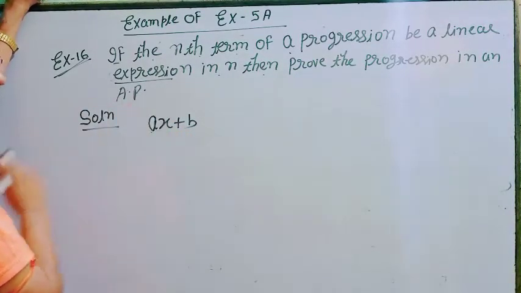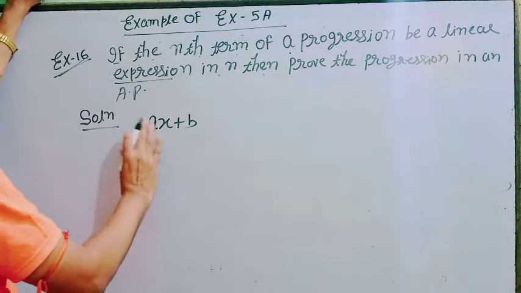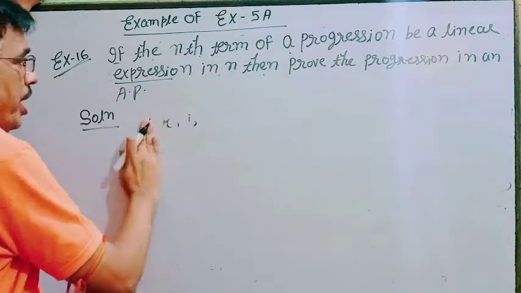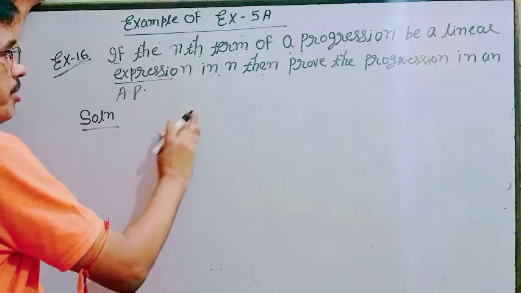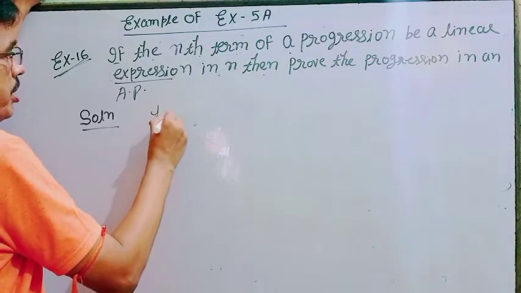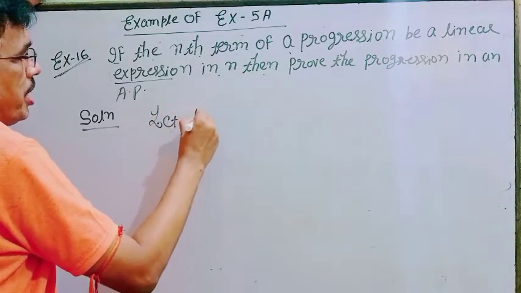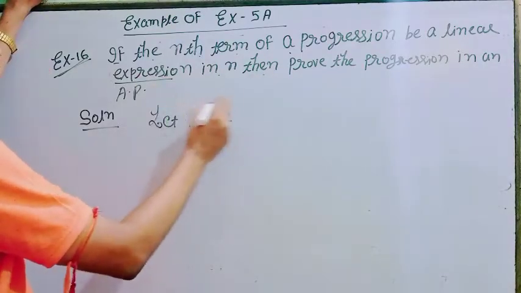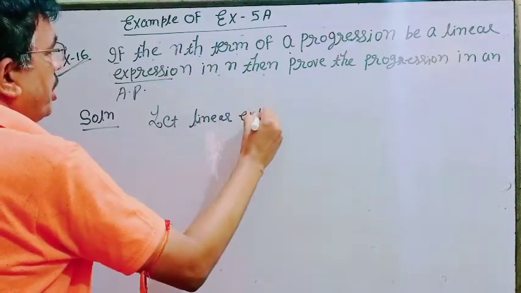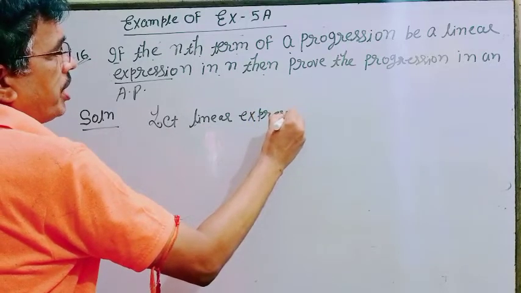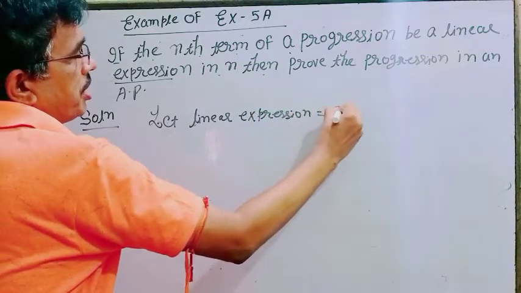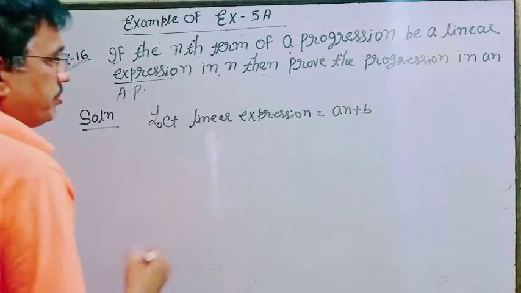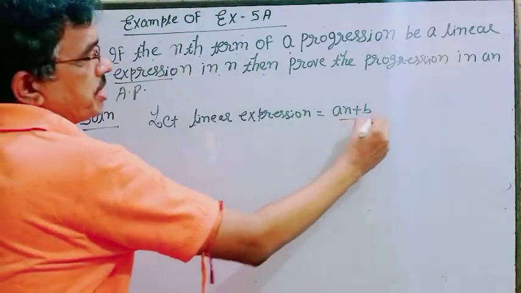This is the form of the linear equation. In this progression, let the linear expression of the nth term be an plus b, and it is always in AP.